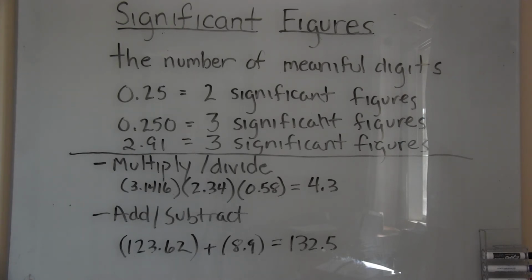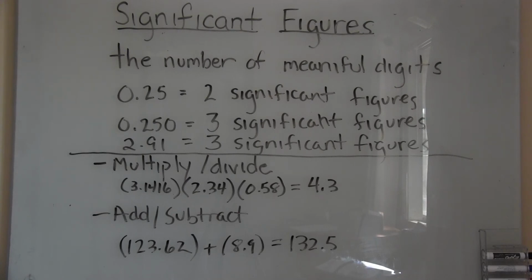2.91 has 3 significant figures because the value to the left of the decimal point has a value. It's not 0. When we multiply and divide values, our answer can have no more significant figures than the value with the fewest amount of significant figures.